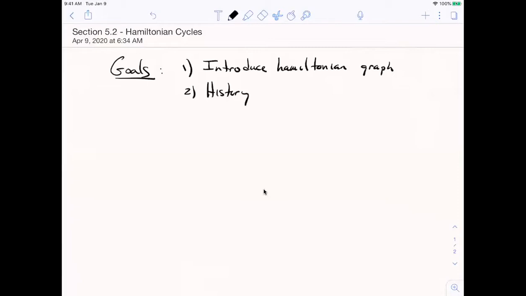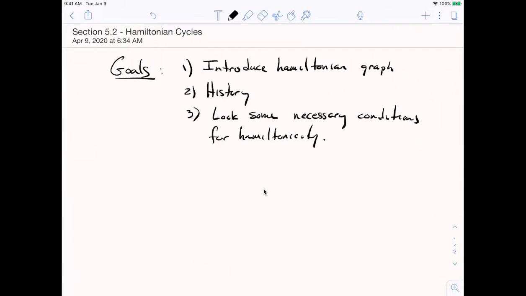But we'll take a look at a little bit of a history problem, and it'll serve as an example of trying to find a Hamiltonian cycle. And then I want to state some necessary conditions, look at some necessary conditions for Hamiltonicity, whatever that means. We'll find out here in a second.